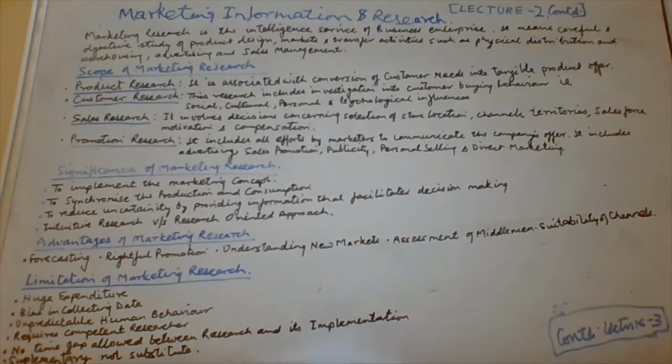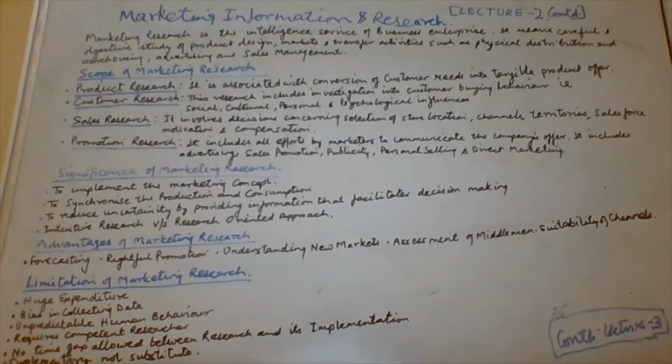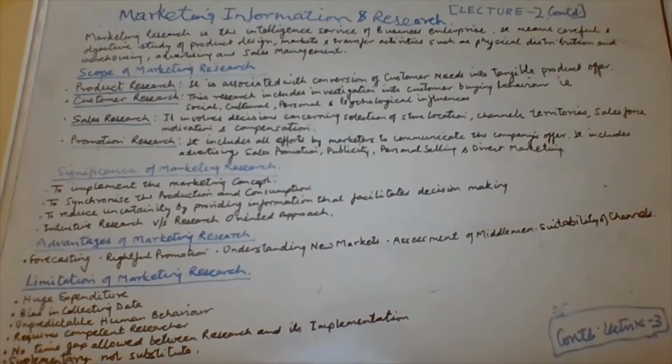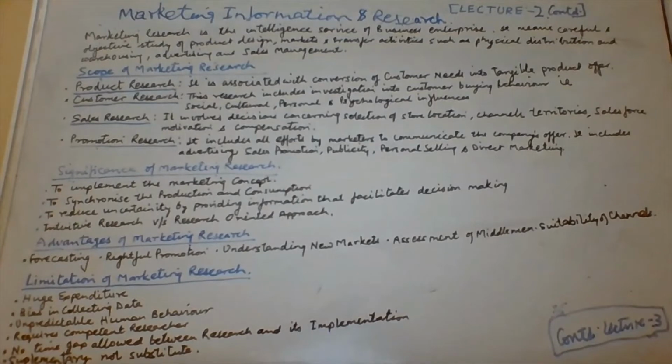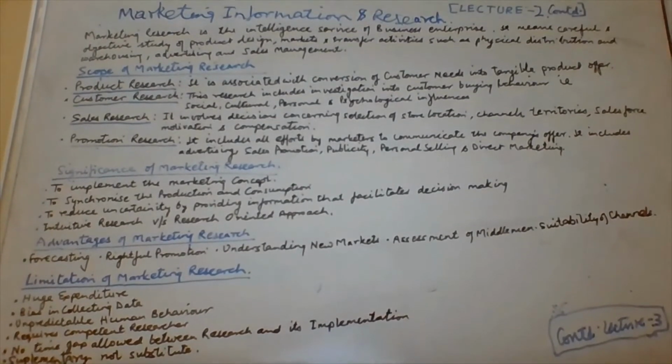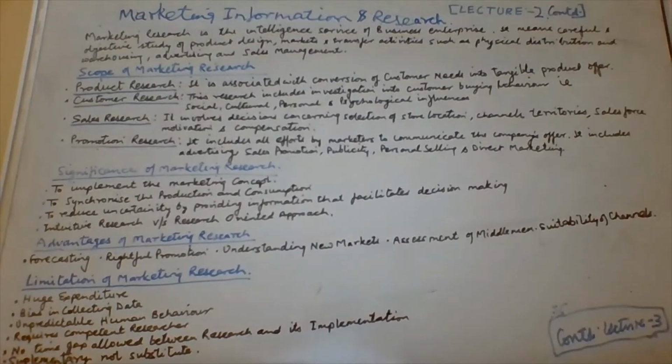So we gather the information and then try to improve those aspects. Maybe also changing customer preferences and habits. This again is very important, because customer tastes and preferences change quite often, and accordingly the marketing manager has to make changes in the products as the customer demands.